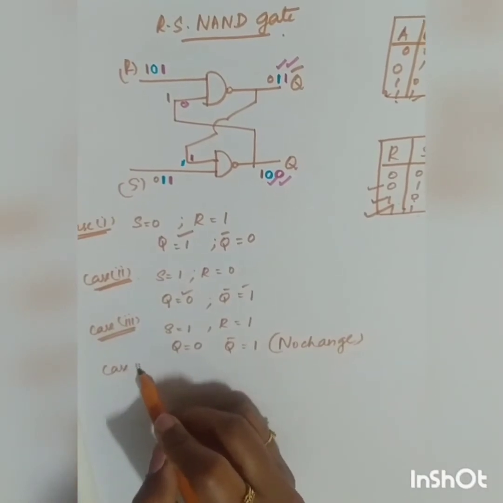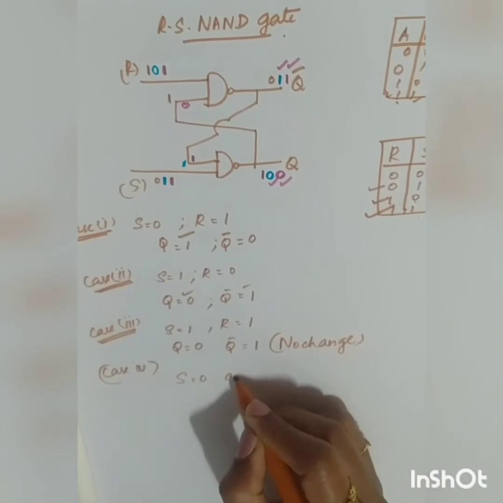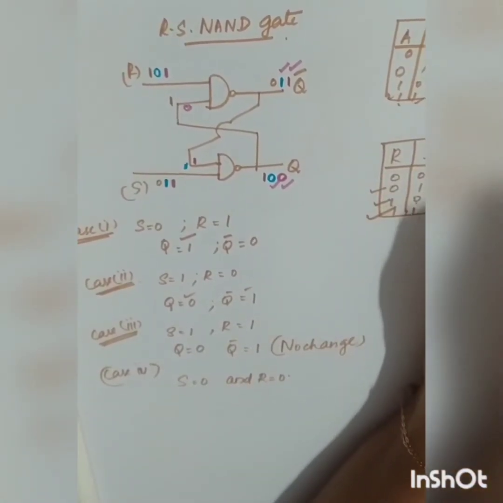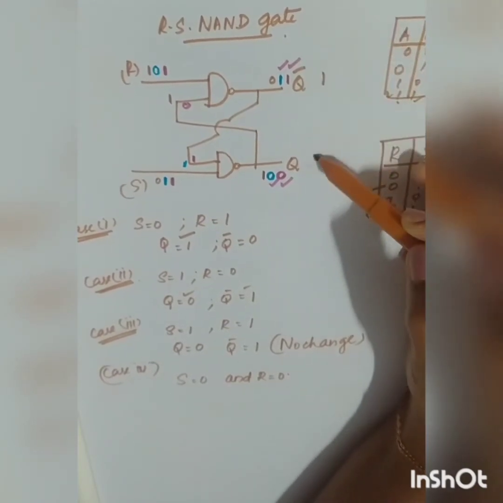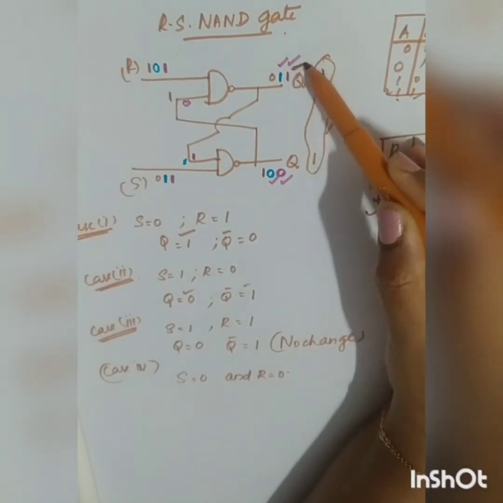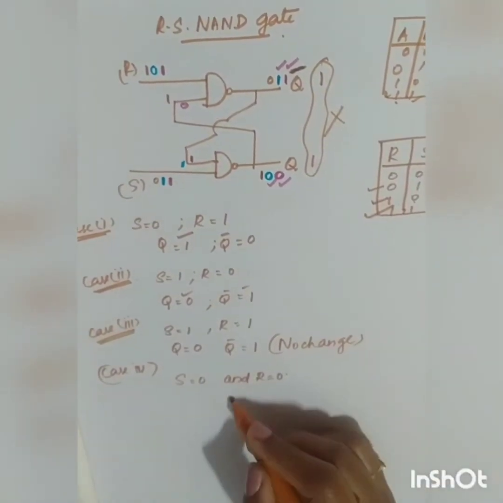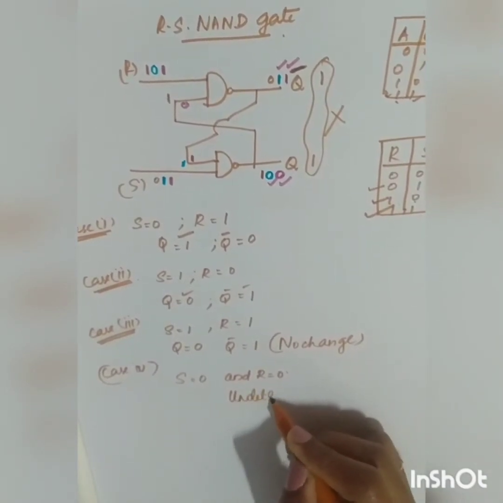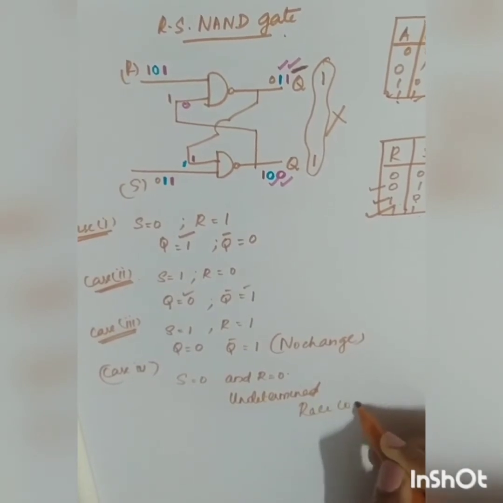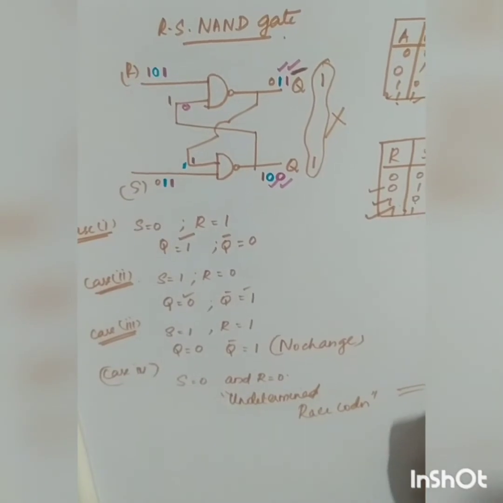Now you have the indeterminate stage. In this case, it is S is equal to 0 and R is equal to 0. If any of the inputs is equal to 0, definitely your output is going to be 1. So in this case, both will be equal to 1, which is not possible because Q bar is the complement of Q. So you have this as your undetermined or race condition, which will be overcome by the JK flip-flop.